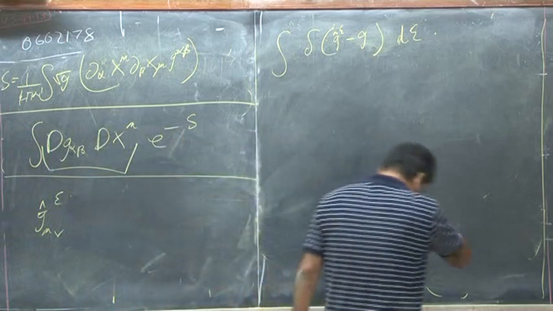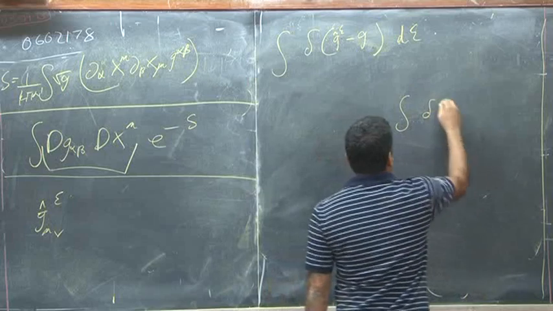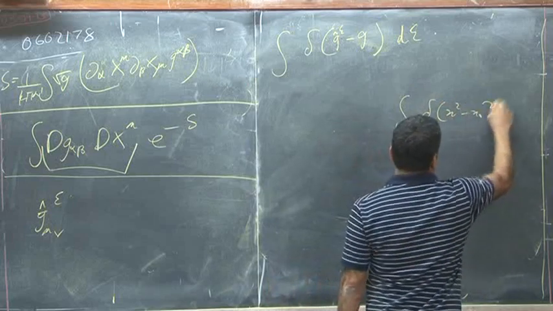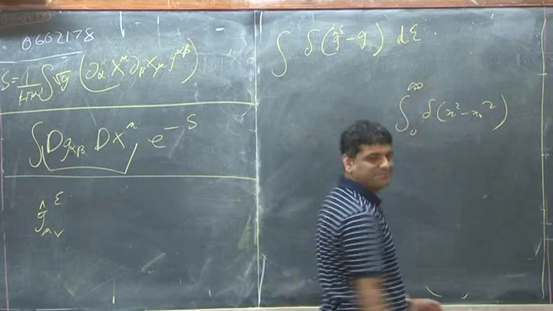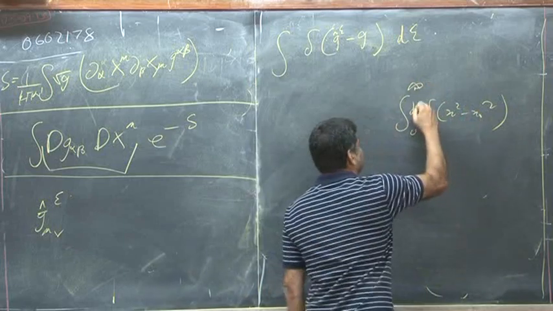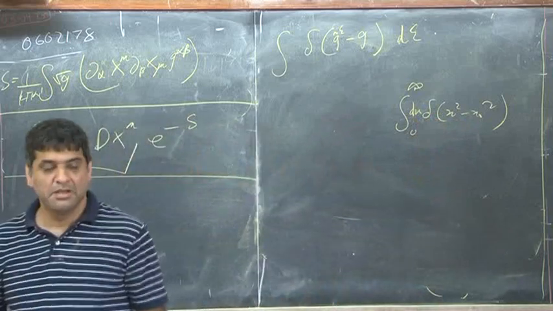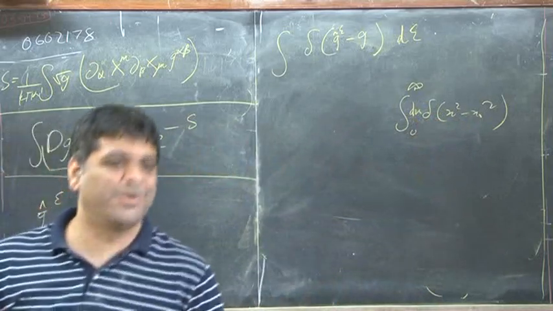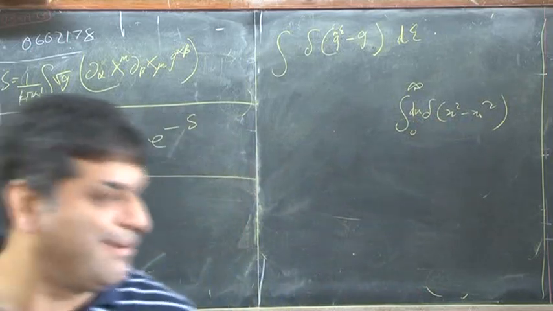For instance, the integral from 0 to infinity dx of delta of x squared minus x naught squared clicks exactly once, at x equals x naught. But the answer is not 1. It's 1 over 2x naught. As you know, it's 1 over x prime.